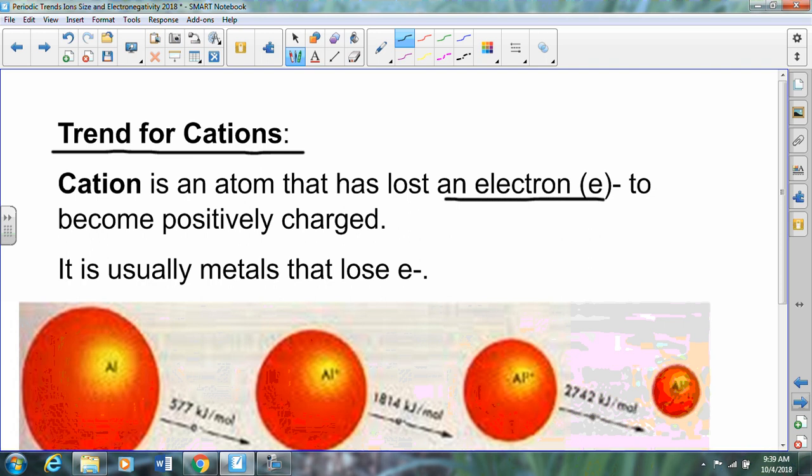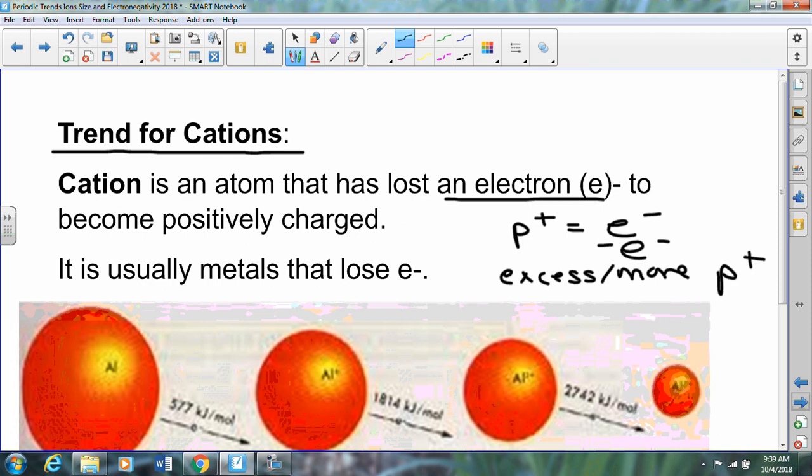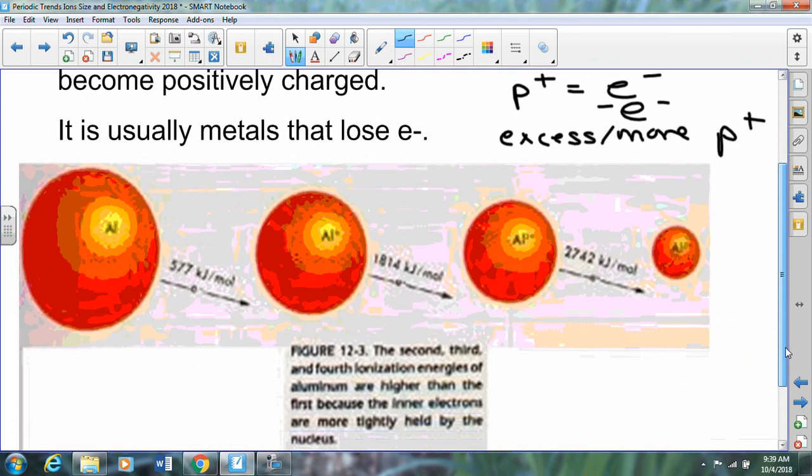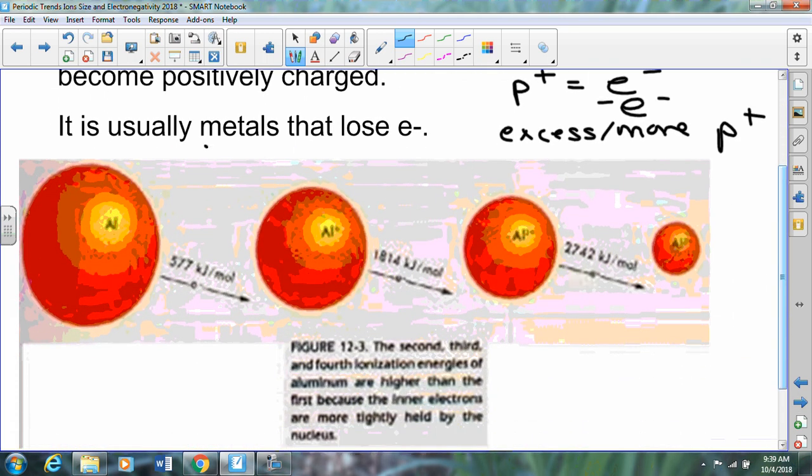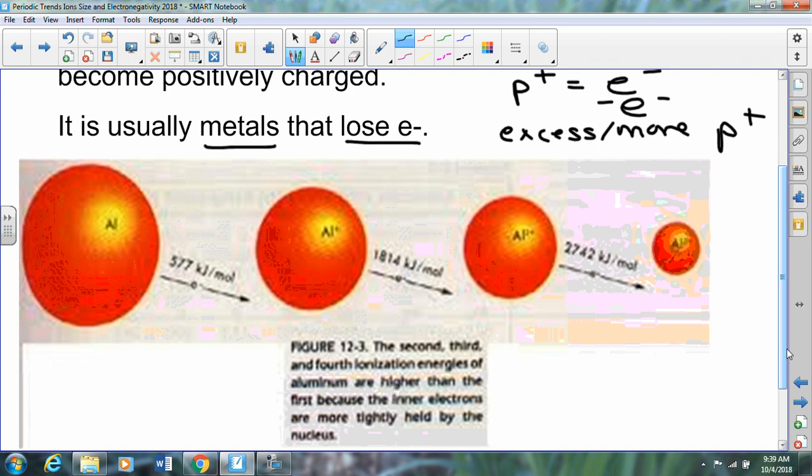In the process of losing one or more electrons, where the electrons and protons used to be equal, we've now removed some electrons, and therefore we have excess or more protons, and that is why it has a positive charge. We also have mentioned how, because of a low ionization energy, metals tend to be the atoms that lose electrons.